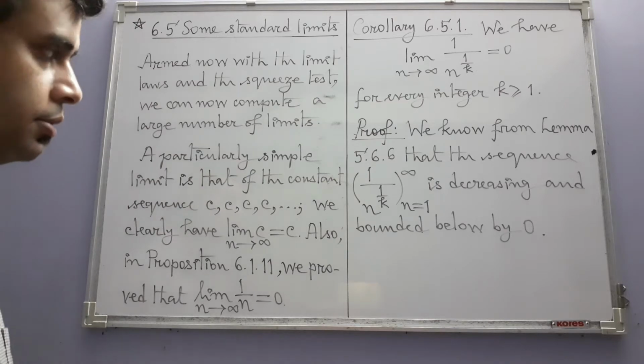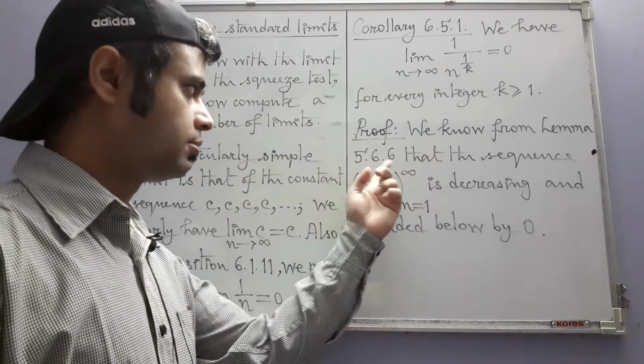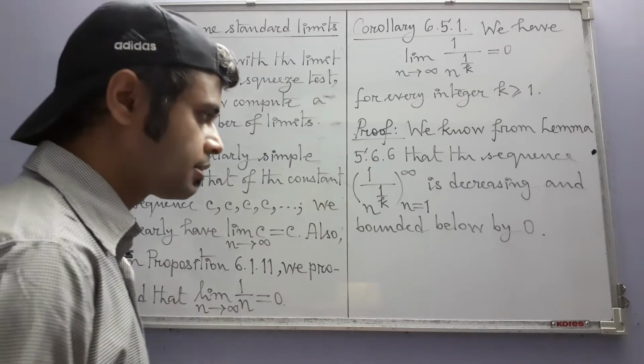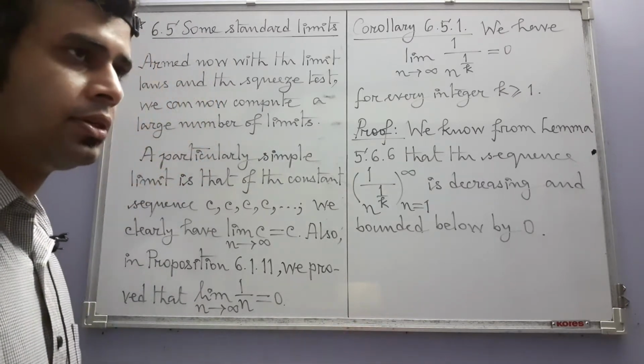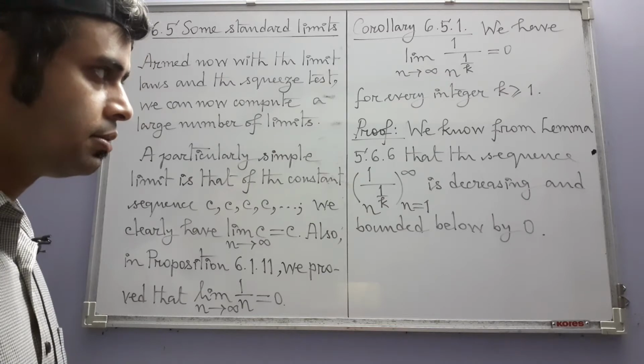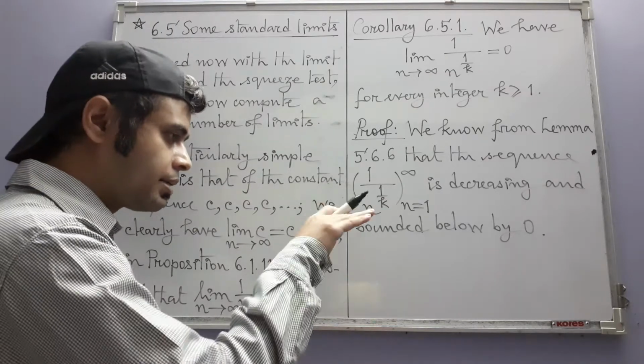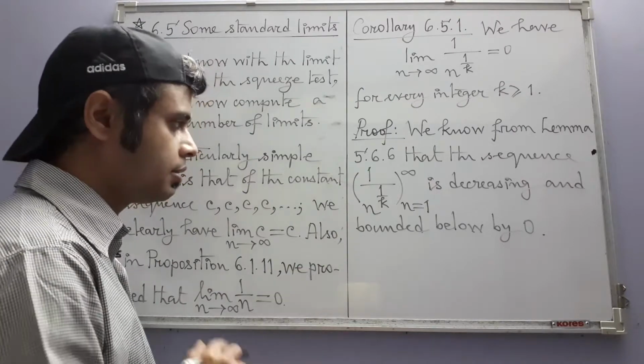Recall what we have. You can of course go back to this lemma and see what the statement is. It's about those inequalities involving nth roots of positive real numbers. It has some parts a, b, c, d like that.